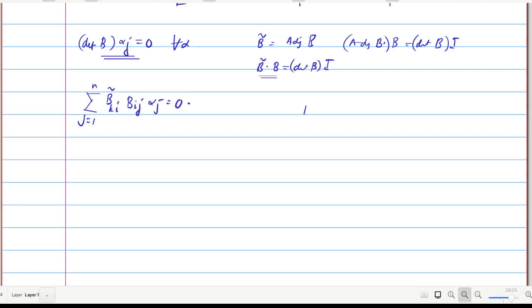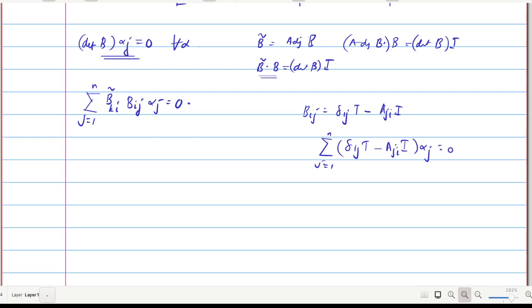We already defined that b_ij is equal to the entries in that expression, that is delta_ij t minus a_ji, and we have obtained that summation j equal to 1 to n of delta_ij t minus a_ji of alpha j equal to 0.